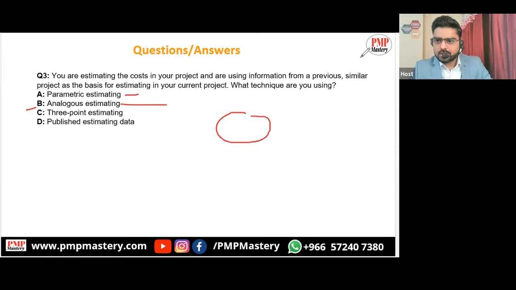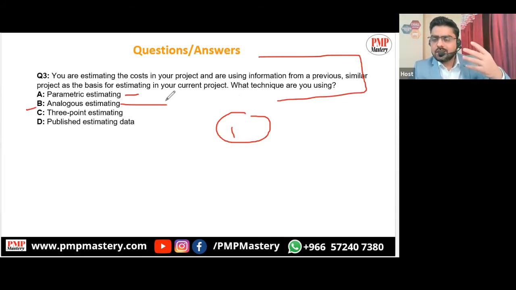There are no parameters in this question. Can you see inch, meter, centimeter here? Nothing is there, right? Unless you can see the parameters inside the question, that is not the parametric type.